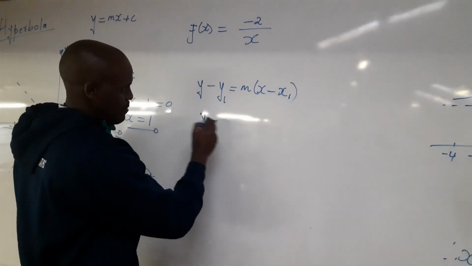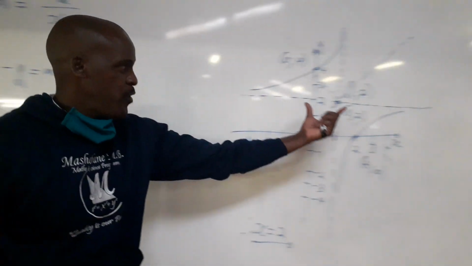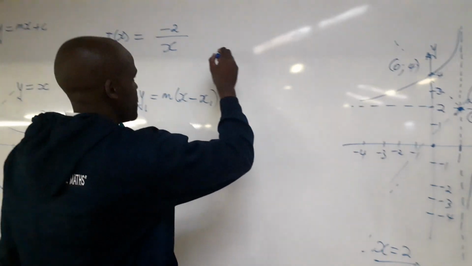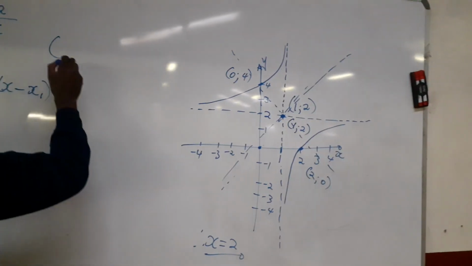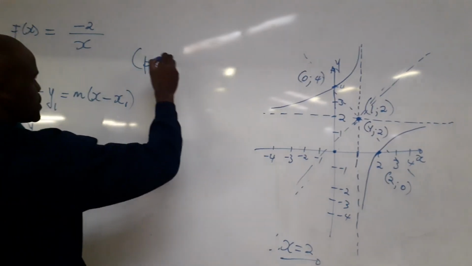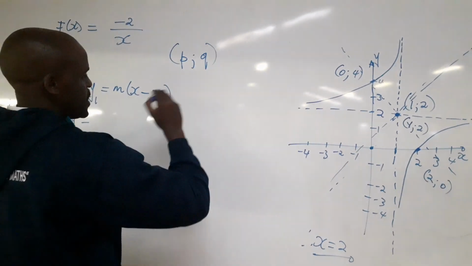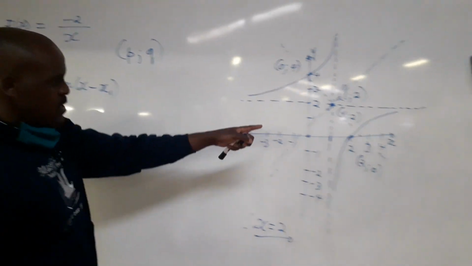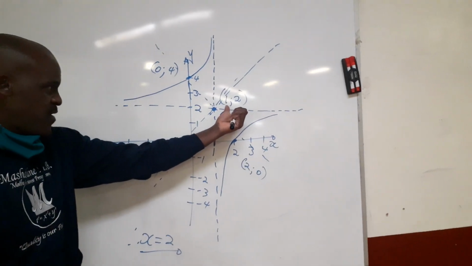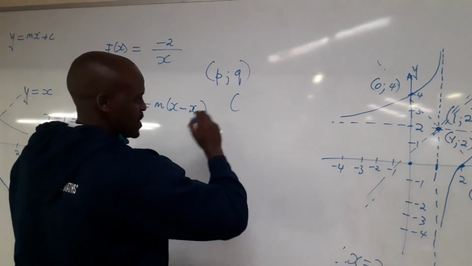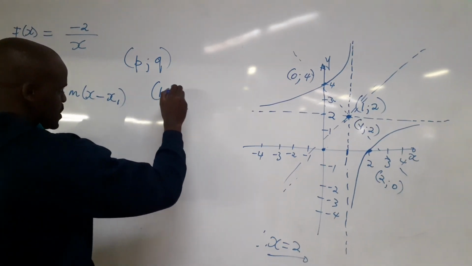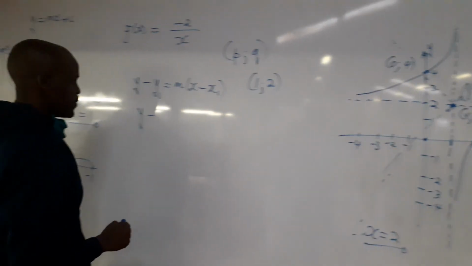We are using the point of intersection only, P is to Q, where here we are having the value of P and the value of Q. Therefore, our point of intersection is (1, 2).